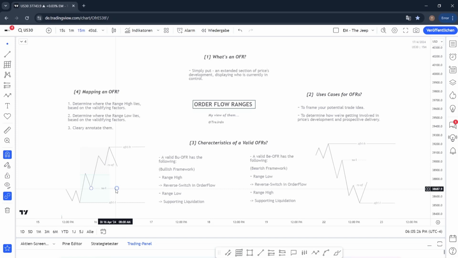If there's a situation where I think a low might be the range low, I have to have a support and liquidation in order to validify the idea, or to add weight to the idea, so to speak. So say for instance, I see a reverse switching order flow and I know that this is my high, but I'm not sure where my low is.